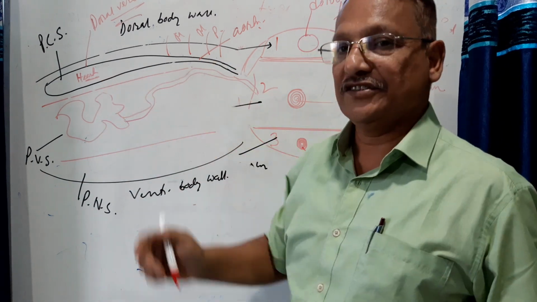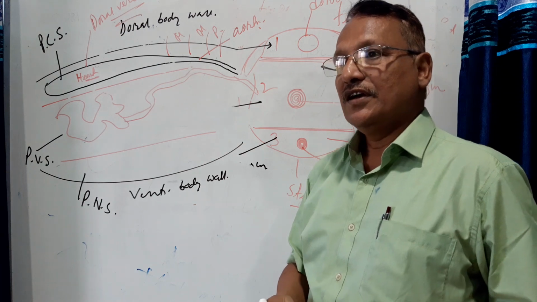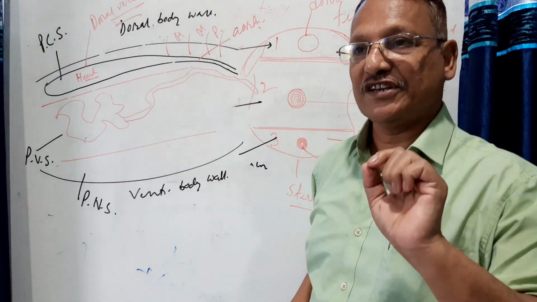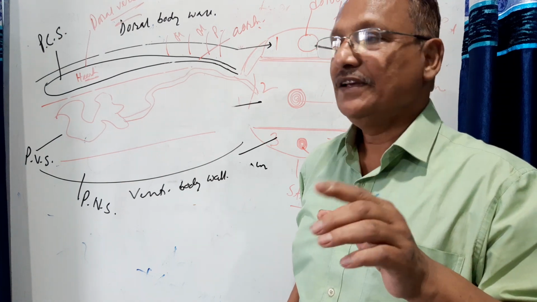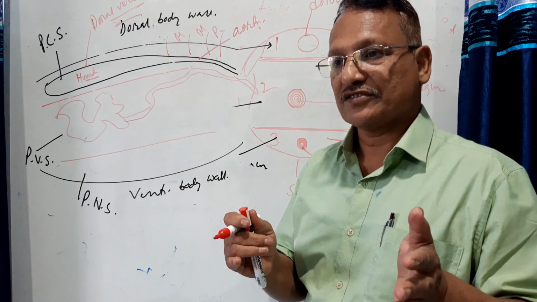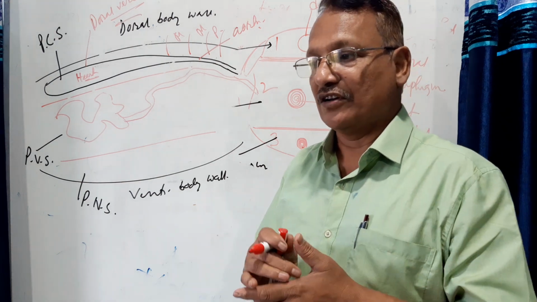There is a difference between the region of the heart and the aorta. In the heart region, number one, it is provided with some ostia. Number two, it has some dilations and constrictions.